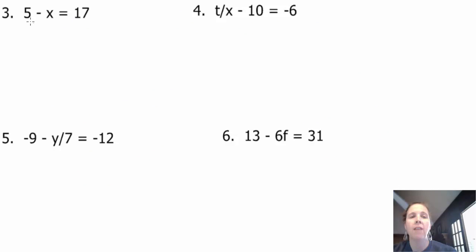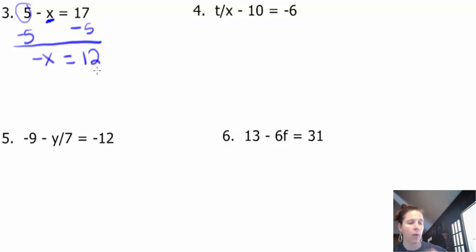Number 3. 5 minus x equals 17. When you first look at this, it might look like it's really only a one-step, because we're trying to isolate this variable. So this is a positive 5, so we're going to subtract 5. And we have negative x equals, what is that, 12?